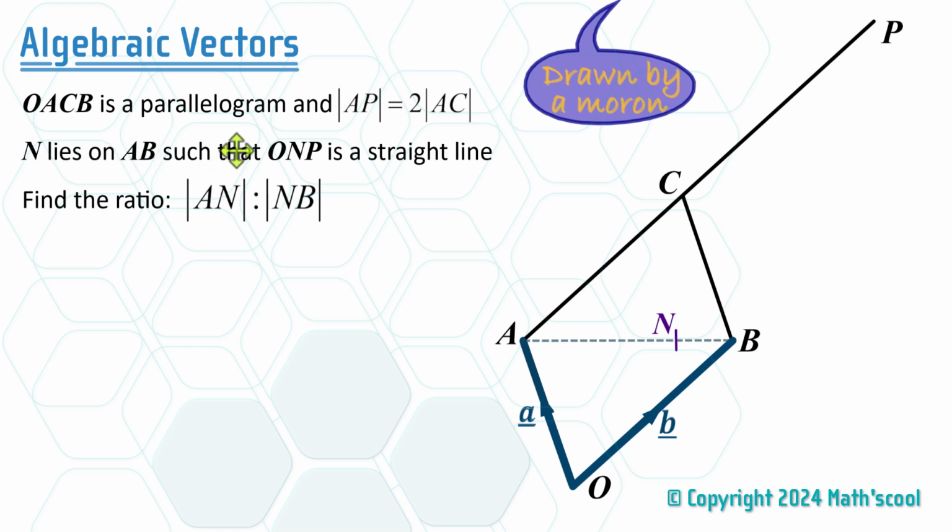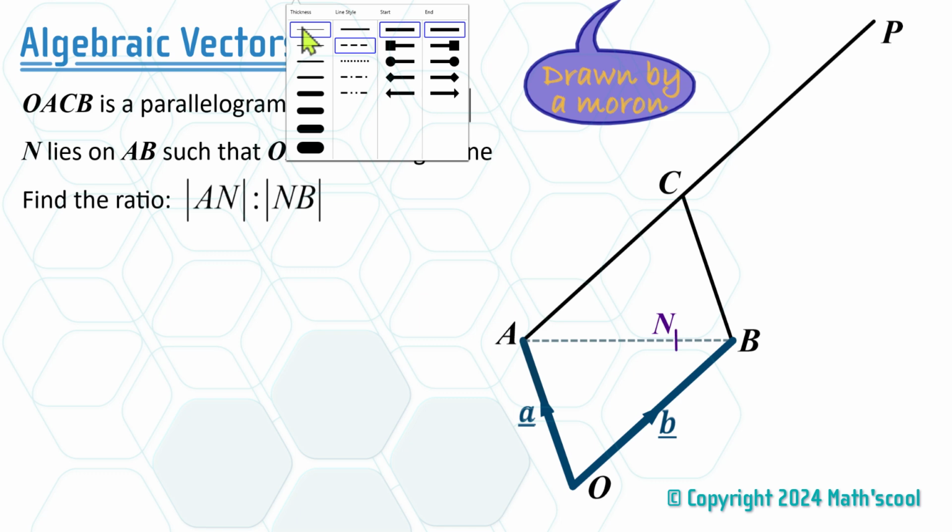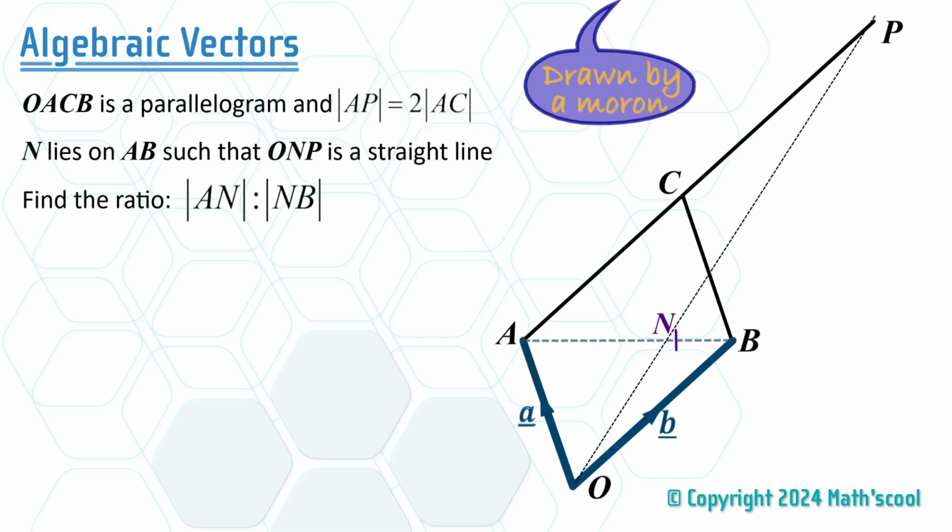N lies on AB such that ONP is a straight line. Okay, so they're telling us that this has to be a straight line there. Okay, so N is actually probably, you know, more accurately here.